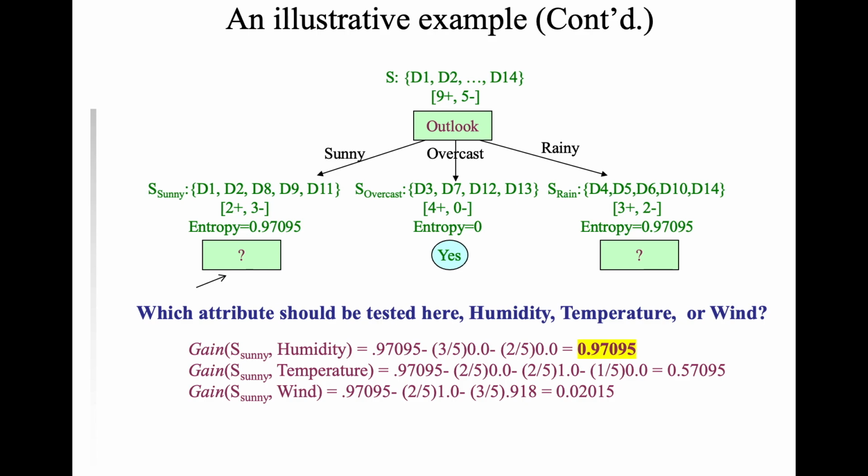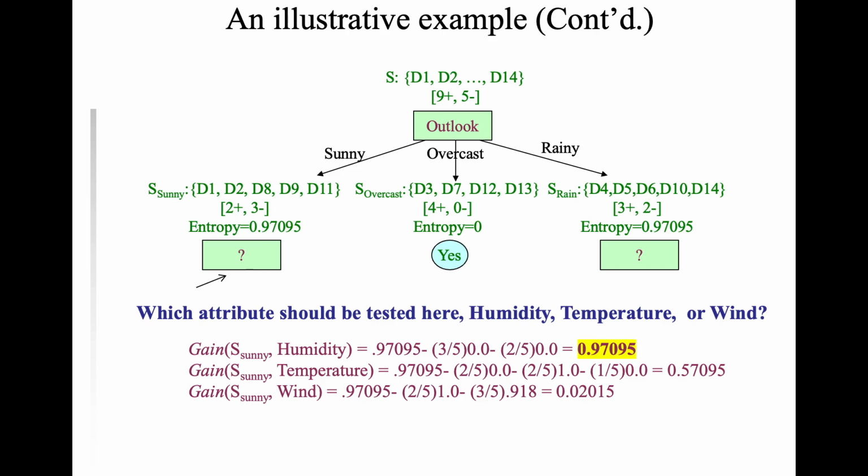And how about the wind? What are the values of wind? Weak and strong. So let's say the gain of S sunny with respect to the attribute wind, what would this be? You have the entropy of S sunny. Now you have to find the weighted sum of the entropies of all the values for the wind and deduct it from the entropy of the whole set, which in this case is S sunny.